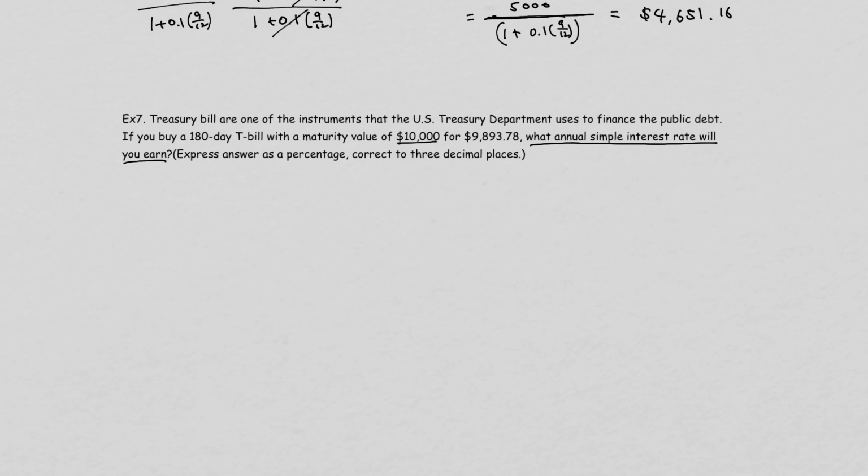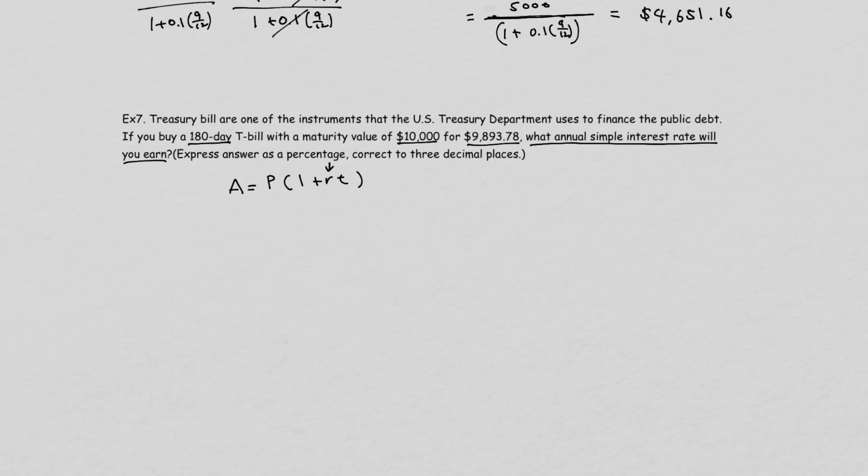We have a future value, we have a principal, we have the time. So we're going to use the simple interest formula using total amounts, and replace everything that we have and see what the rate is going to be.